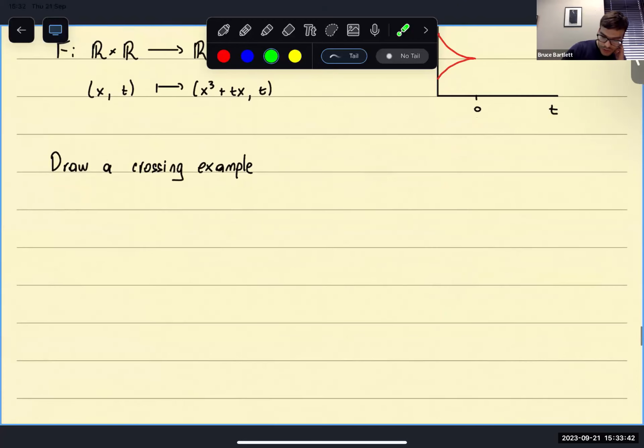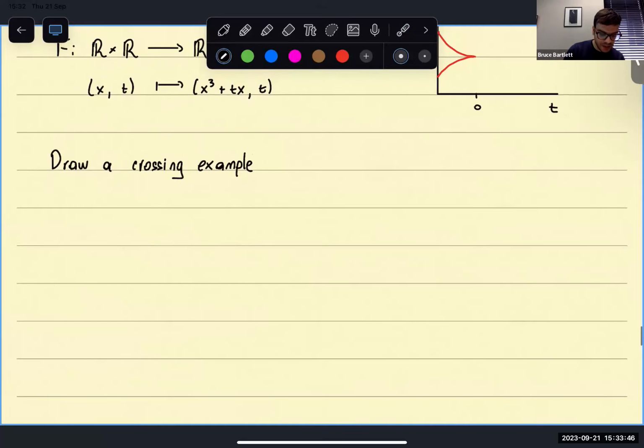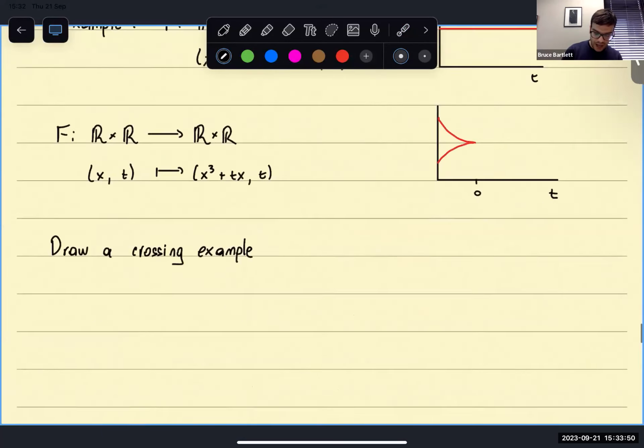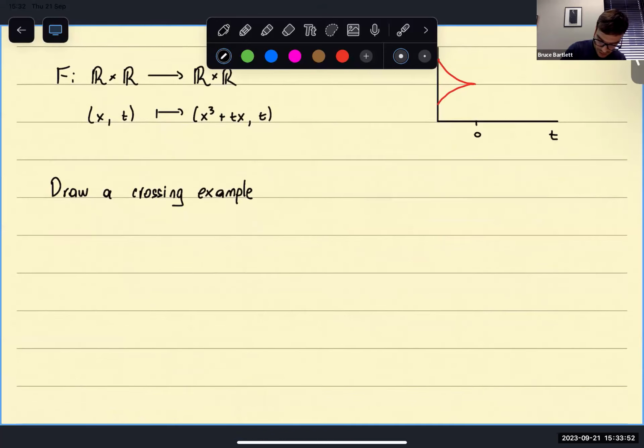And then for a crossing, I gave instructions to myself here to draw a crossing example, but we already drew that, so I'll just give you the graphic of it. What does the graphic look like? I start with two critical values, say 0 and 1.